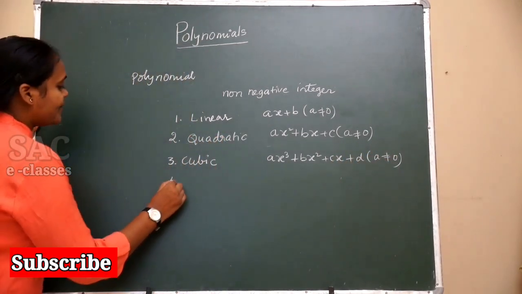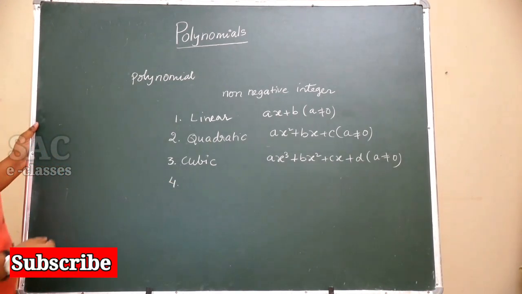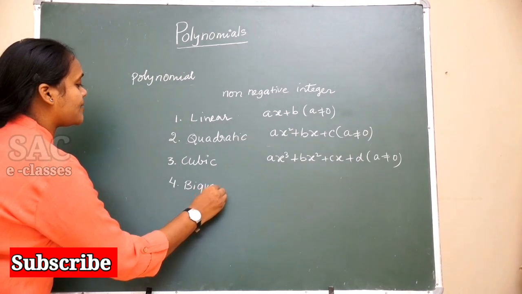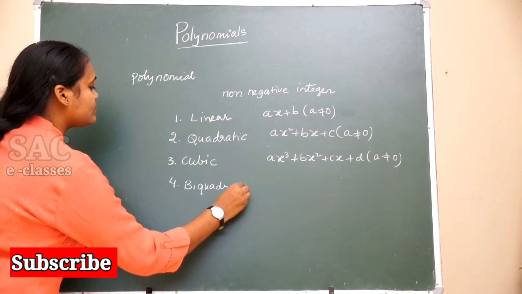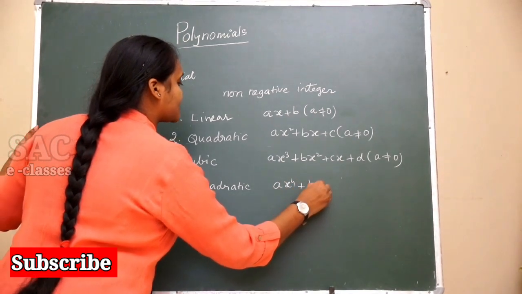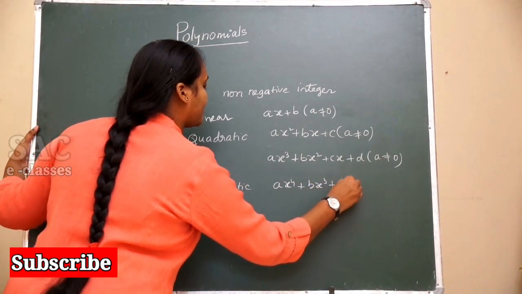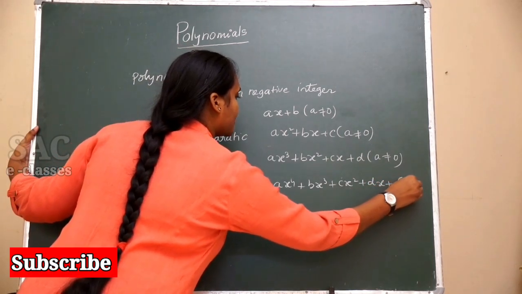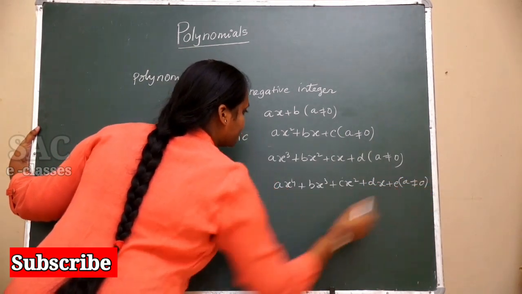If the degree of a polynomial is 4, we say it is a biquadratic polynomial. Its general form is ax 4 plus bx cube plus cx square plus dx plus e. Here also a is not equal to 0.